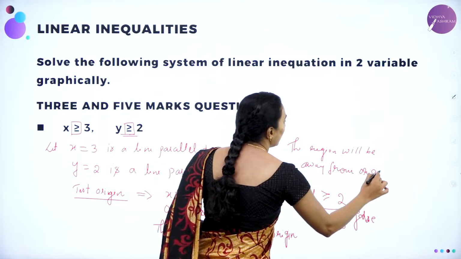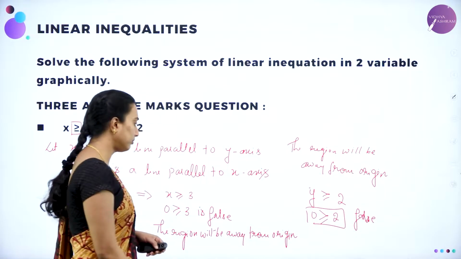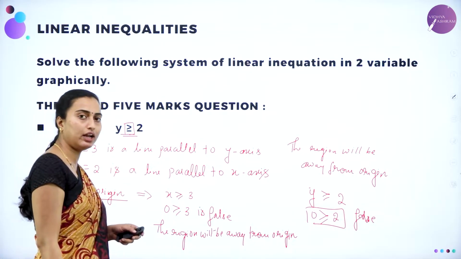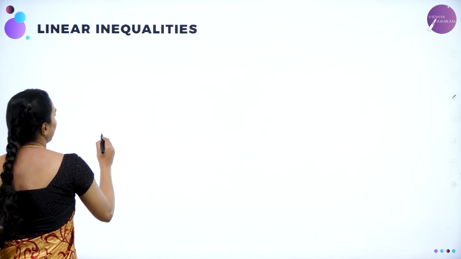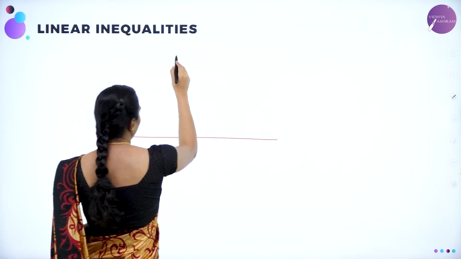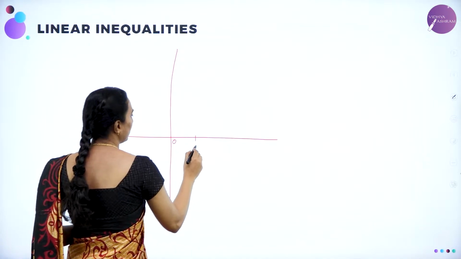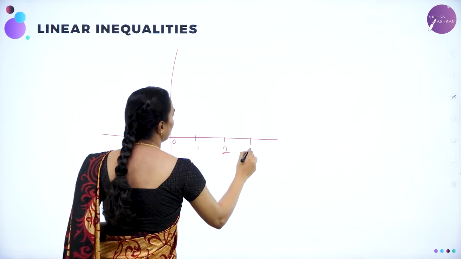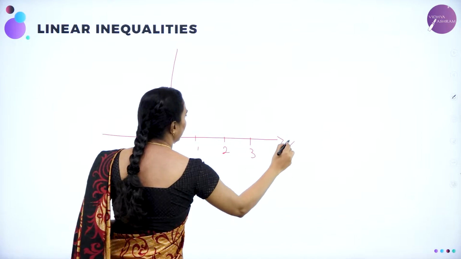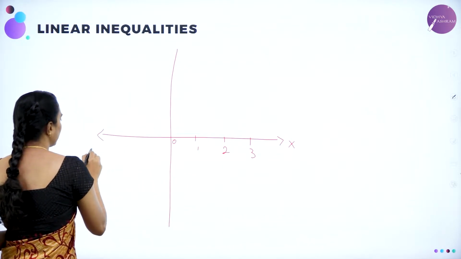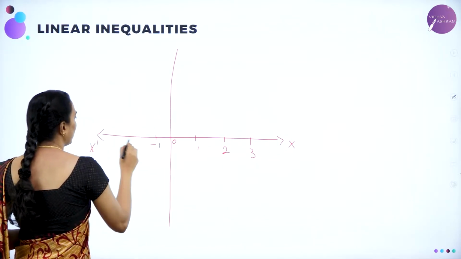Now let me draw the line in a graph, that is x is equal to 3 and y is equal to 2. This is the x-axis and this is the y-axis. So here origin, which is 0, 1, 2 and then 3, and then here x, O, x dash, and here -1, -2.